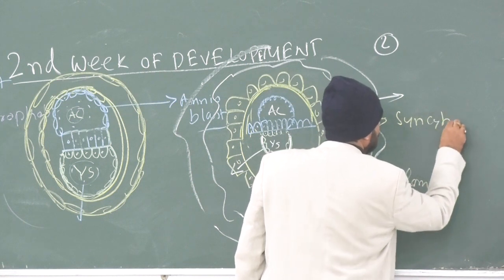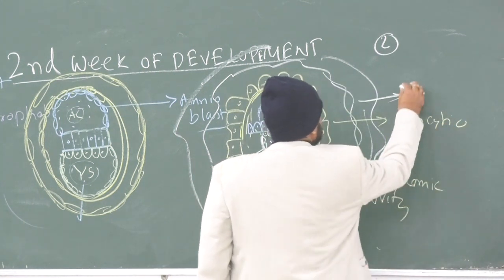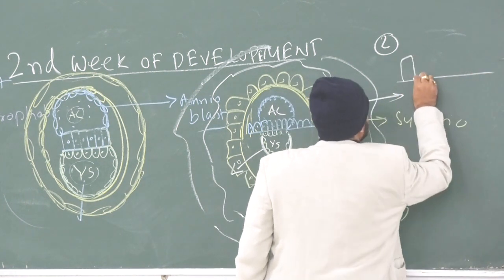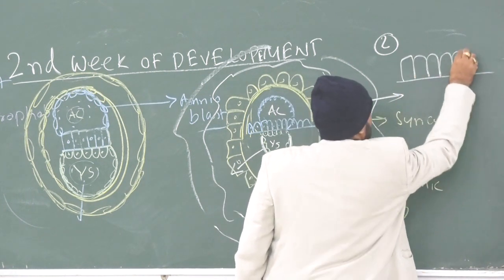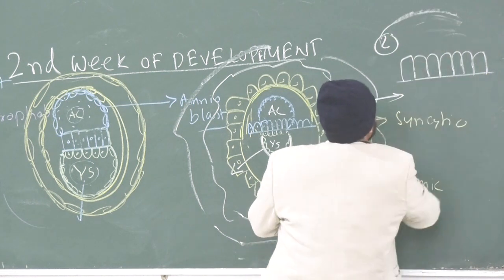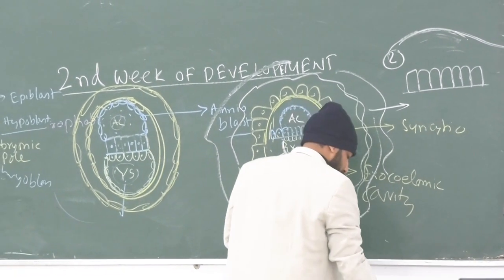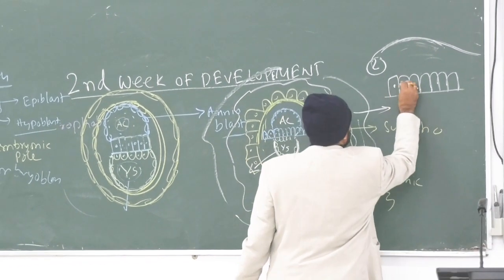কেন syncytio? যদি এখানে তুই দেখিস, এটা হচ্ছে সাইটোট্রফোব্লাস্ট ইনারে, আর উপরের দিকে এইরকম ভাবে এই থাকে syncytiotrophoblast. কেন?